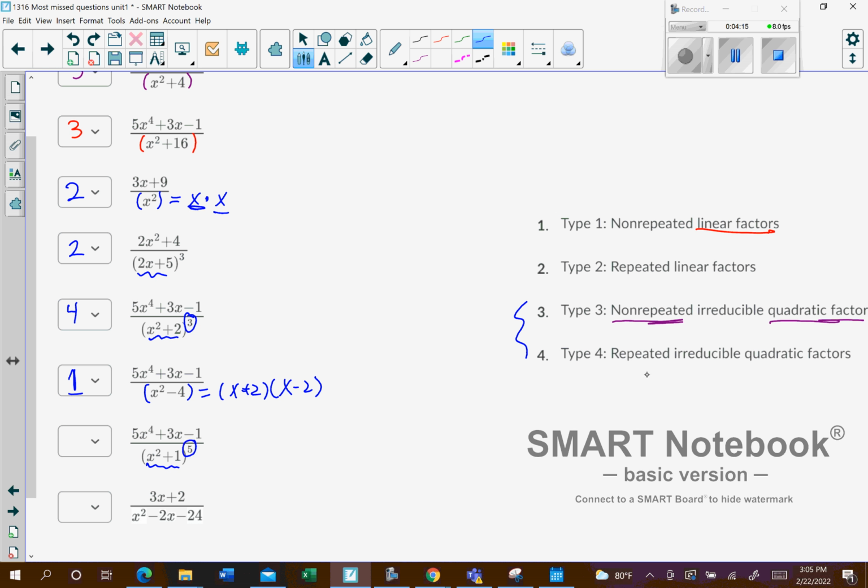So that means we have repeated irreducible quadratic factors, and that's going to be 4. And the last one is like the one up here where it looks like this is factorable. This can factor into x minus 6 and x plus 4. So they're non-repeating linear factors, so that'll fall into the first category type.